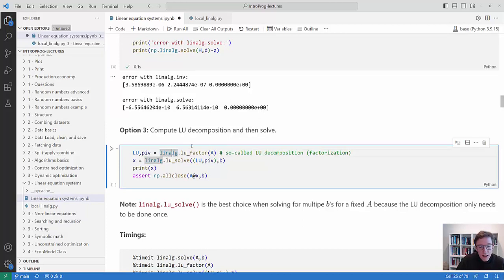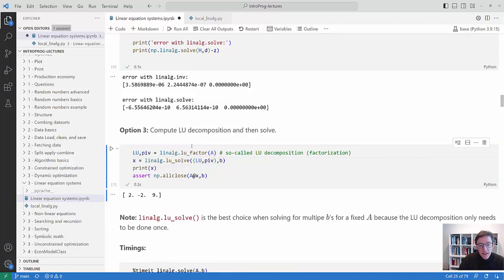First, you do an LU factorization or decomposition of the A matrix into this LU decomposition and a sort of pivoting list that SciPy is using. Afterwards, you can call the LU solve using these two previous outputs and the right hand side. If we run this, we again get the right solution.